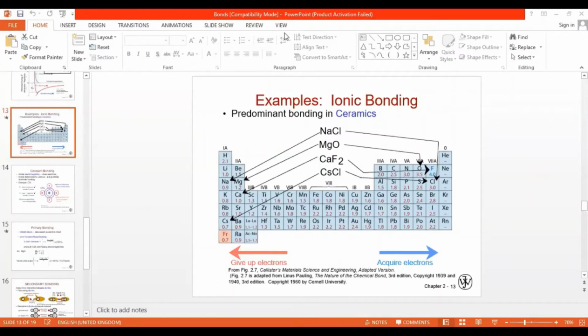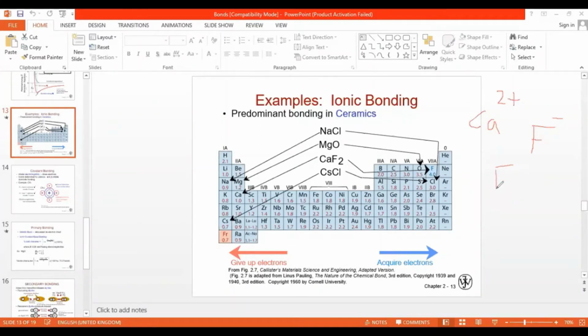And here we have calcium, which will lose 2 electrons, so Ca2+. But fluorine is over here, and it will gain only 1 electron, F minus. So calcium has given 2 electrons, but this F can't take both of them. So what will it do?